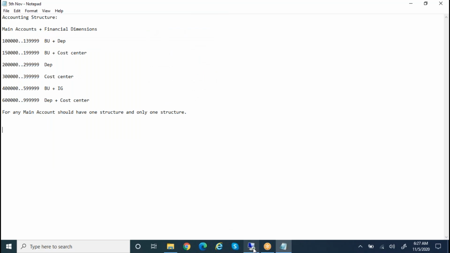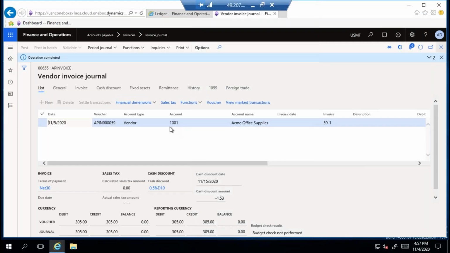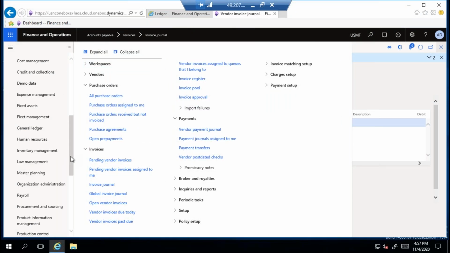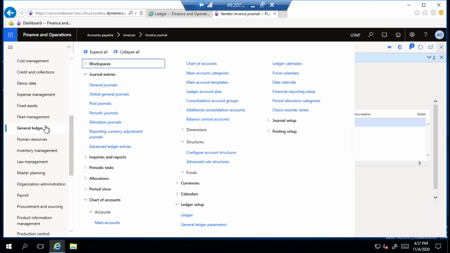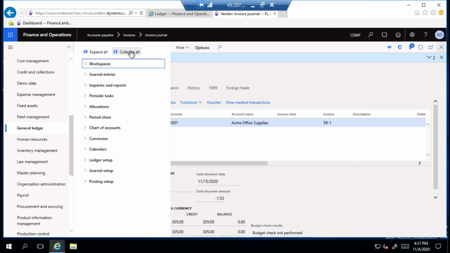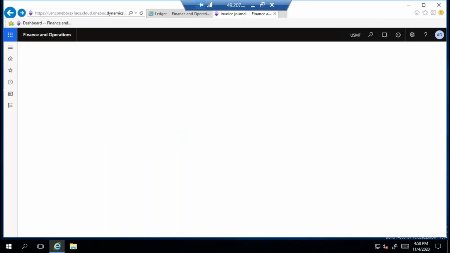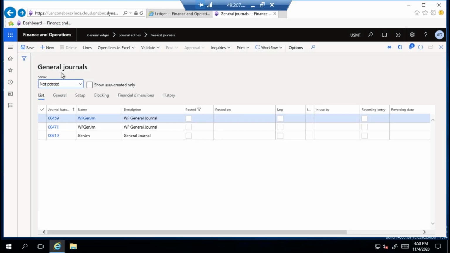Okay, so whenever you are doing, if it is a vendor or bank something, you can do from here. Otherwise, if it is ledger accounts, yesterday I showed one more new journal name, general ledger, general entries, general journals. Here also we can do these journals.